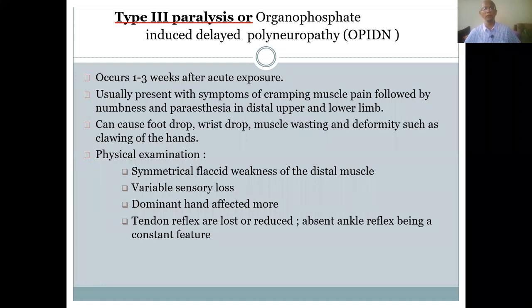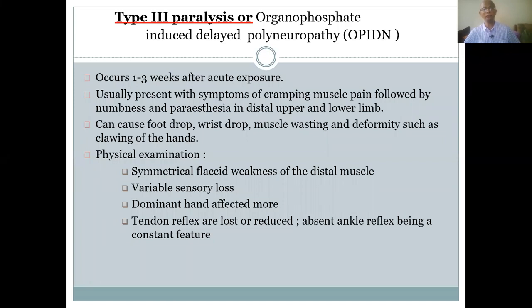Physical examination: symmetrical flaccid weakness of the distal muscle, variable sensory loss, dominant hand affected more, say right hand, and tendon reflexes are lost or reduced.